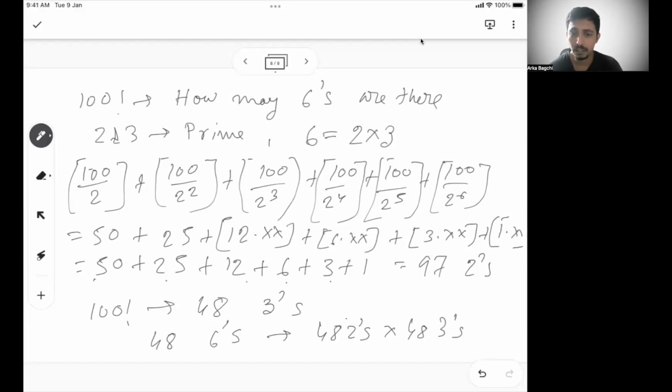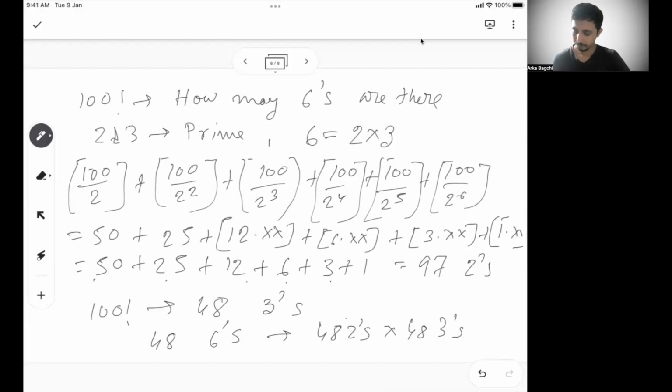Whichever prime factor you have fewer of, which is mandatory in that composite number, that is the number of the composite number you can get. So you have 48 threes and 97 twos, but you can pair 48 threes with 48 twos and make 48 sixes. For the rest of the 49 twos, you don't have any more 3 to make a 6. So you cannot generate any more 6 beyond those 48. That is where you need to understand this.